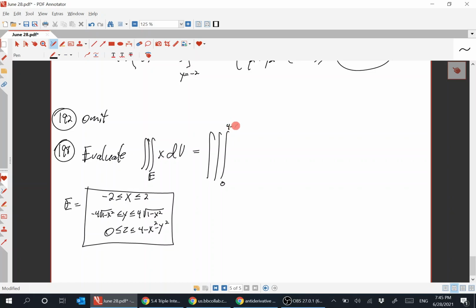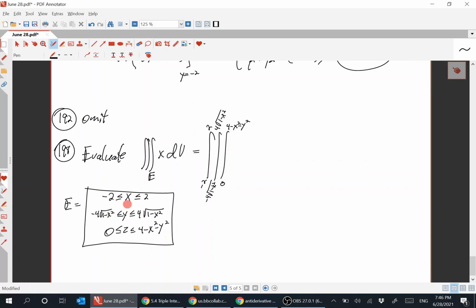But anyway, this one will have a pretty reasonable way of going about it. So this is 4 minus x squared minus y squared. And then the bounds on y, and then minus 2 to 2. Hold on a second.